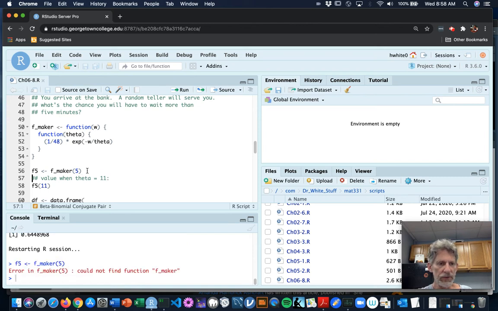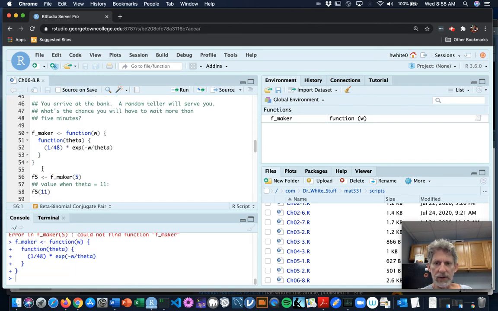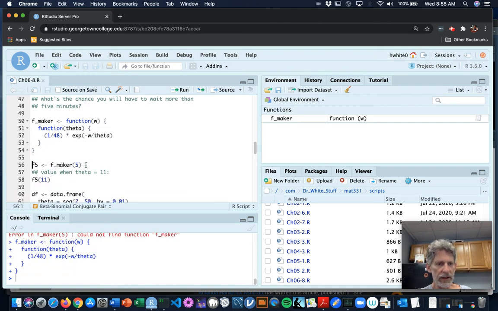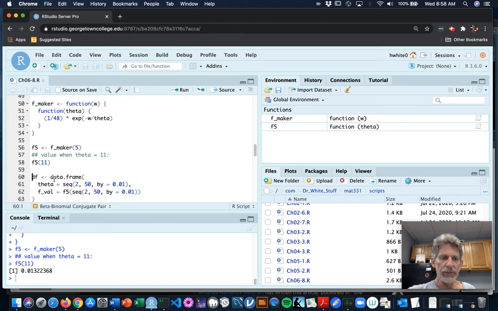Oops, I need to first of all get fmaker in the global environment, and then I can use fmaker, and I've got my function of theta over here in the global environment. So for example, 1 over 48 times e to the minus 5 over 11 would be f5 at 11. The 11 is the theta value. That's pretty small. It's about 0.013.